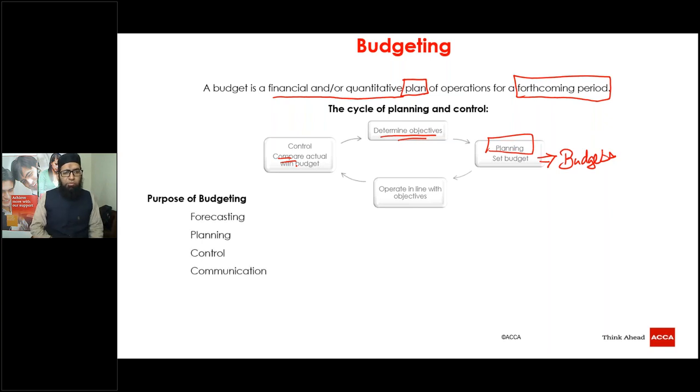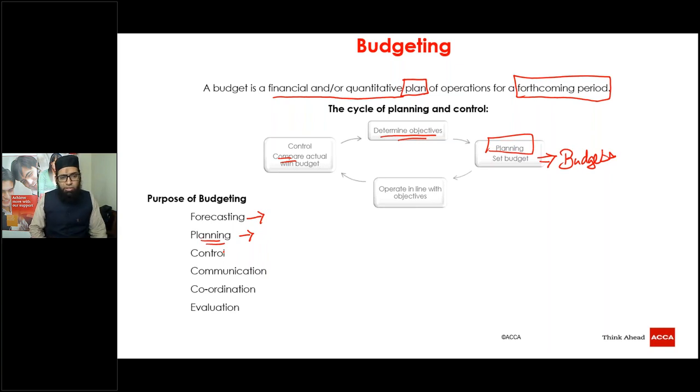Now, what is the purpose of budgeting? The first purpose is that it helps us to forecast. It also helps the management in planning. It also helps in controlling cost. Budget is a good way for communication and coordination.